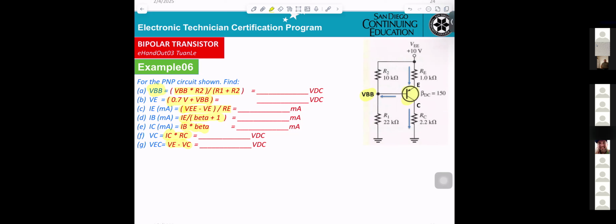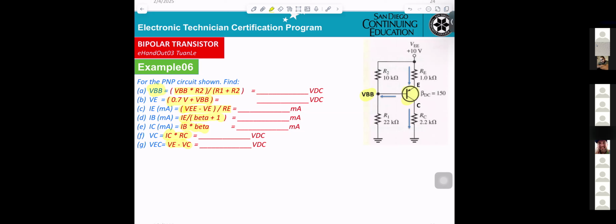Okay, for VE, the high side of the DMM connects to the emitter, the low side connects to the ground. However, for calculation, at the emitter here you get 0.7. You add 0.7 volt to VB. That's what you get for VE.